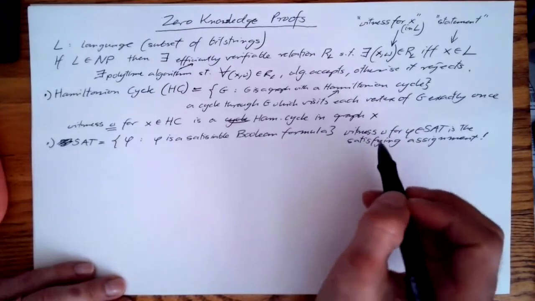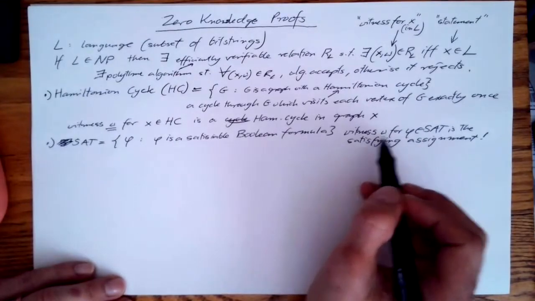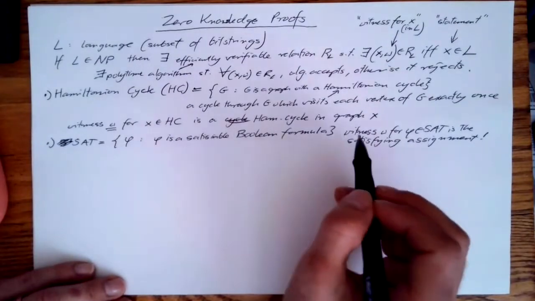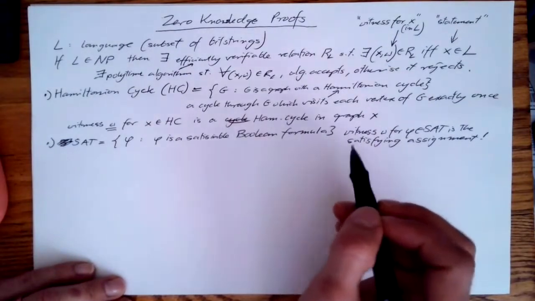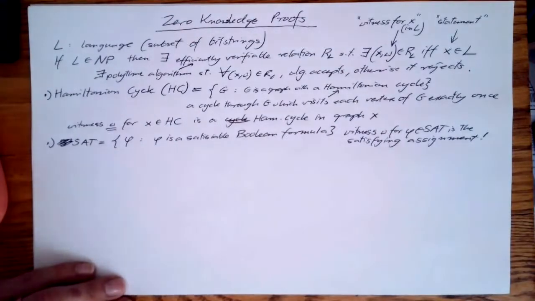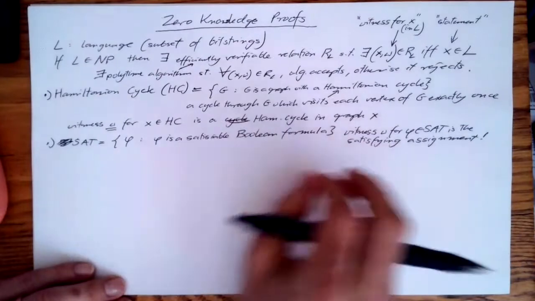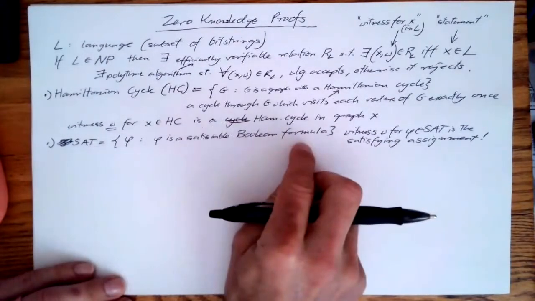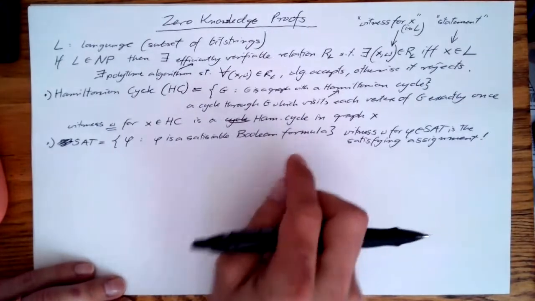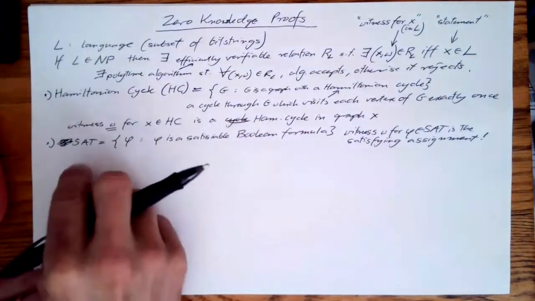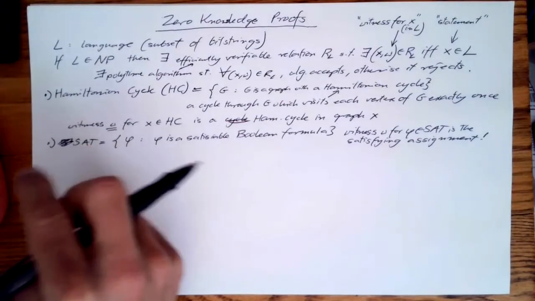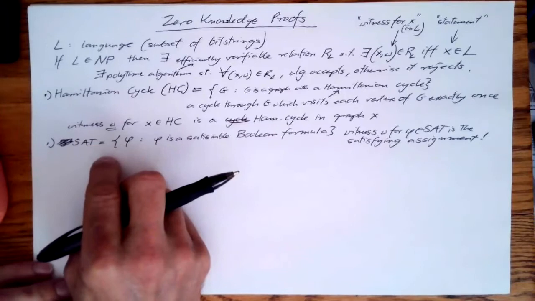If you were given a satisfying assignment, a function on these xi variables, say x1 is true, x2 is false, x3 is also false, x4 is true, etc., then of course you can check in an efficient way that the formula is satisfiable. But finding it, or not a search problem but just a decision problem, is also known to be NP complete.